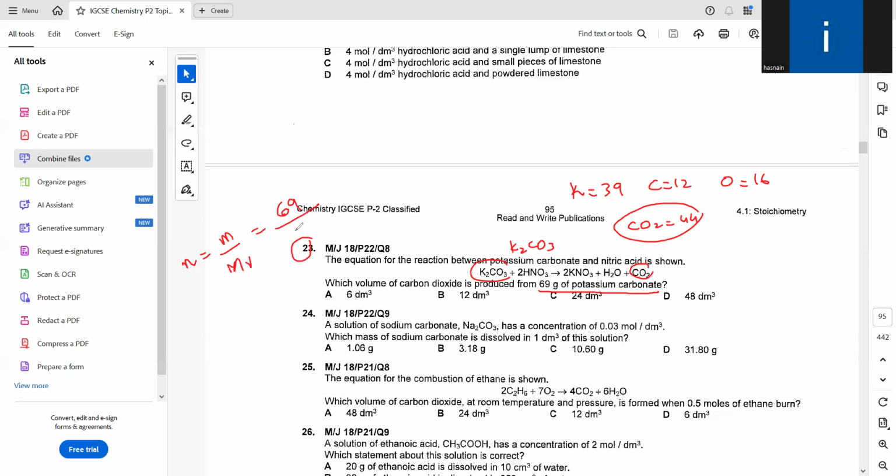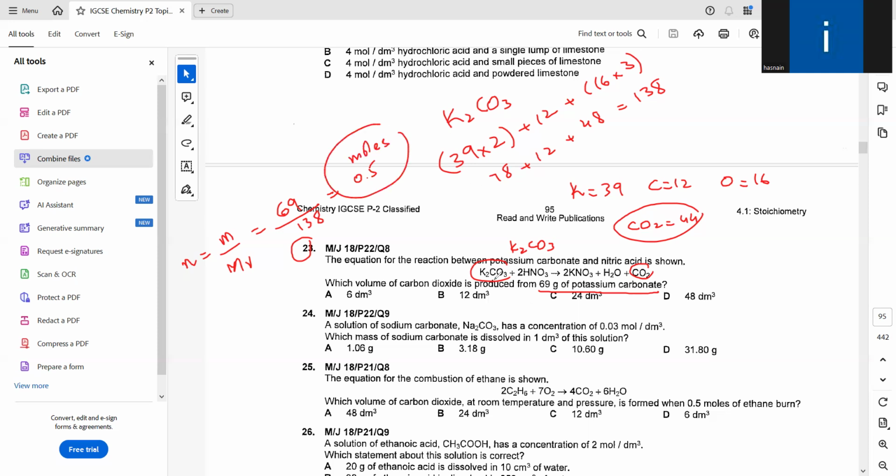That's 69 divided by MR. Let's find out K2CO3's MR. That's 39 for each potassium times 2 plus 12 plus 16 times 3, so that's 138. 69 divided by 138 is basically 0.5 moles of K2CO3.